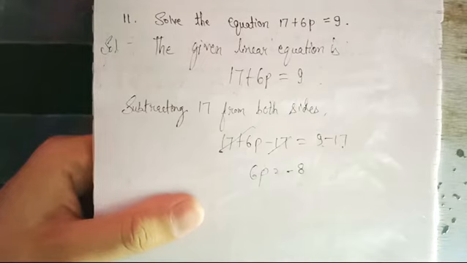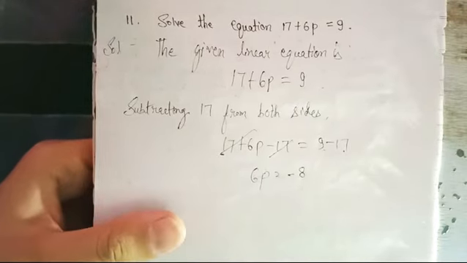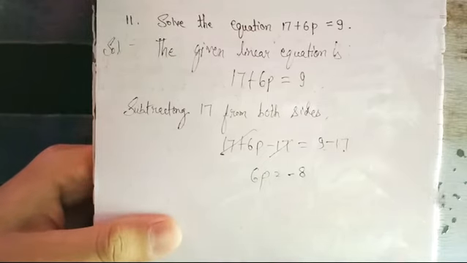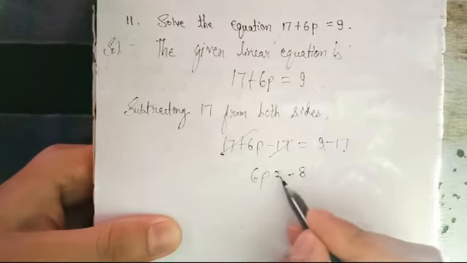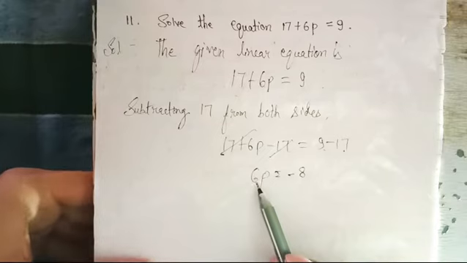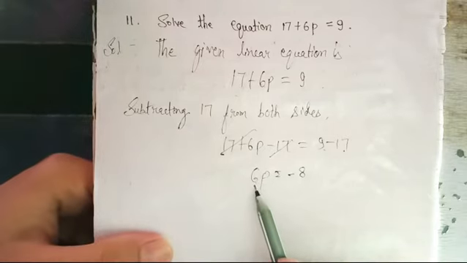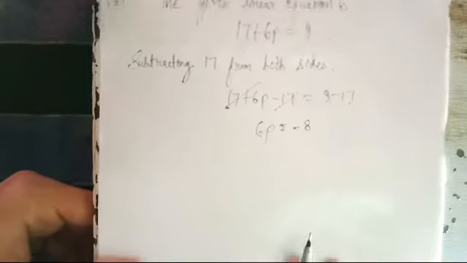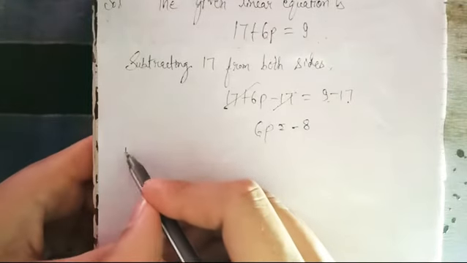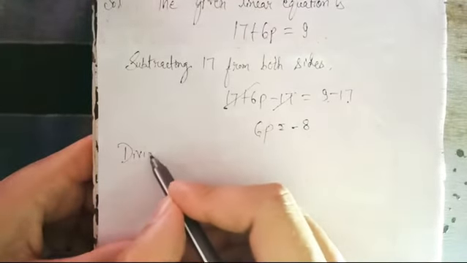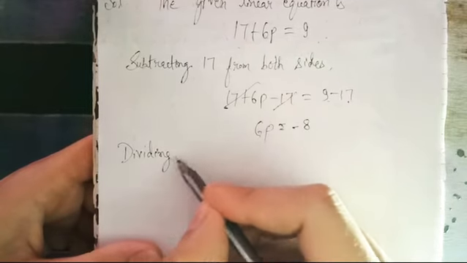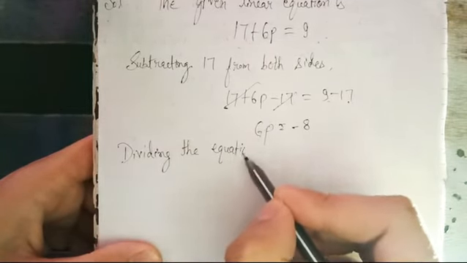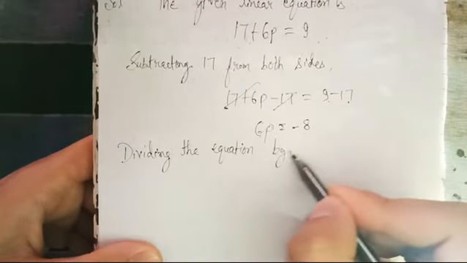Okay, 9 minus 17, that means smaller value minus larger value, so the answer will be negative. So minus 8. 6p is equal to minus 8. Now we will remove this 6. In order to remove this 6, and it is under multiplication with p, we have to divide the whole equation by 6.